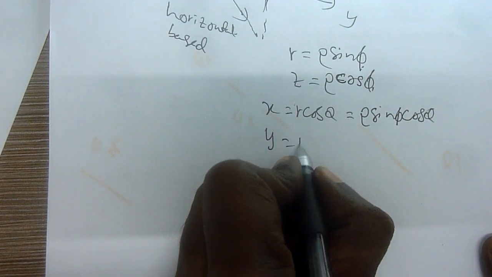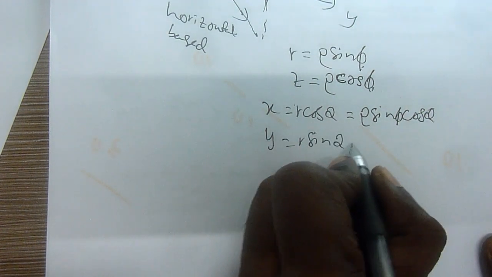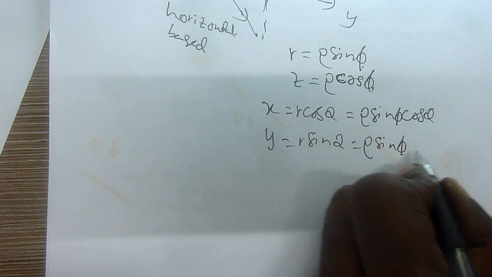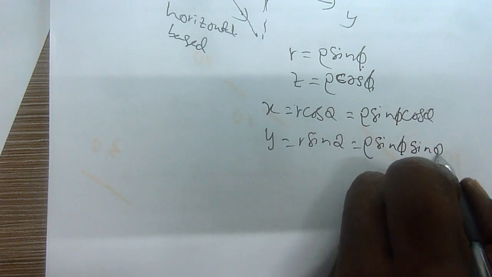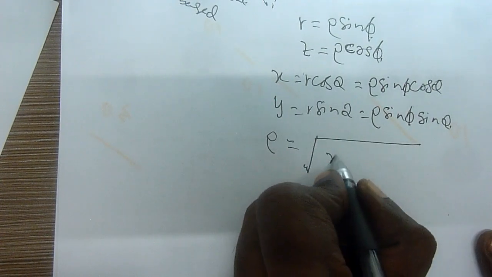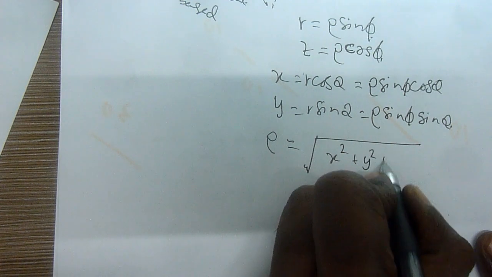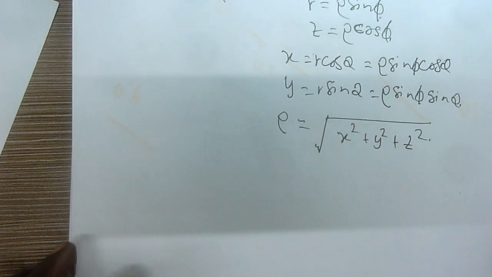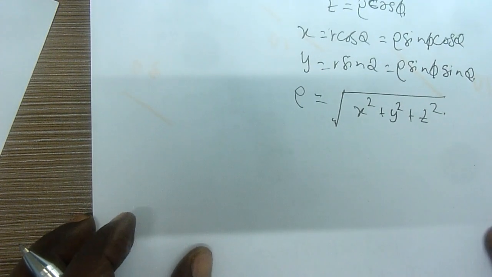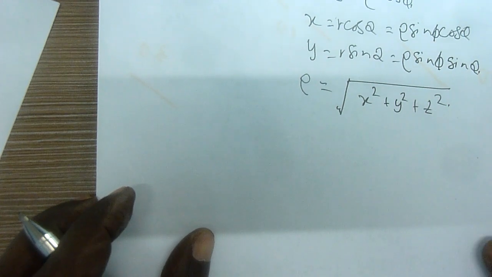Again, y is r sine theta, so rho sine phi sine theta. What about rho? It's a combination of x squared, y squared, z squared. Can you see that combination here? This is what you will be able to perform here.